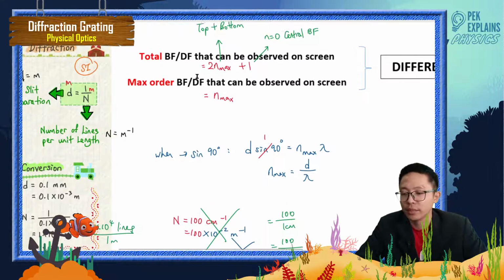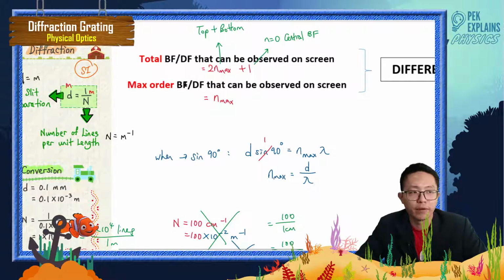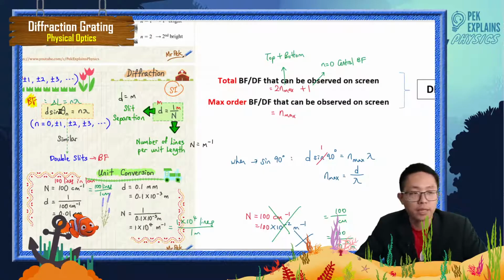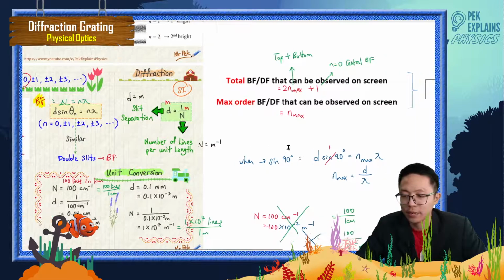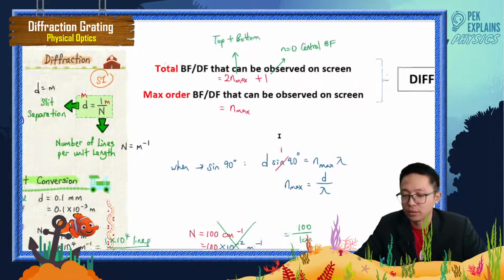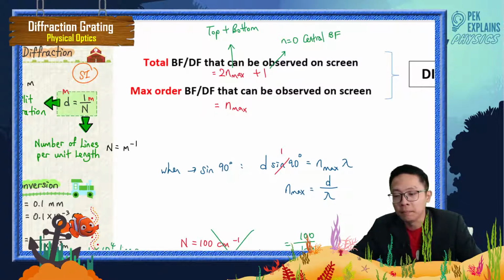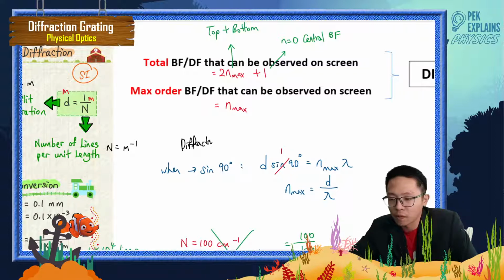My question is, what is the maximum order of bright fringe that can be observed on the screen? It happens when sine theta is 90 degrees. Using the formula, d sine theta equal to n lambda for bright fringe. So the diffraction grating, I'm talking about diffraction grating.